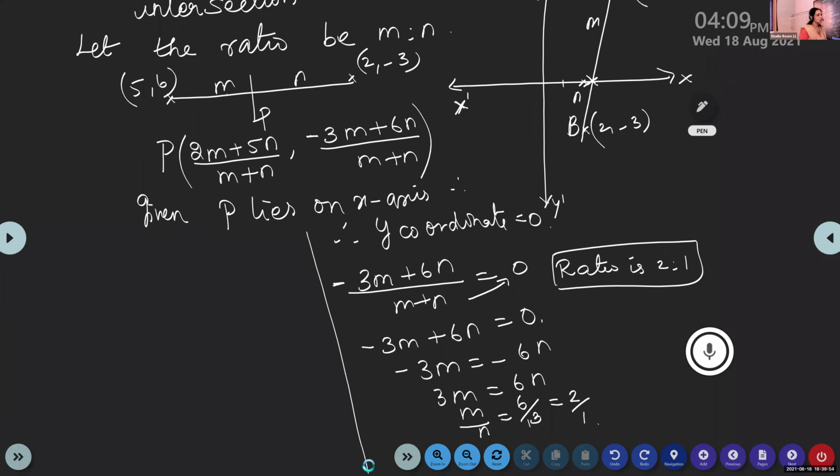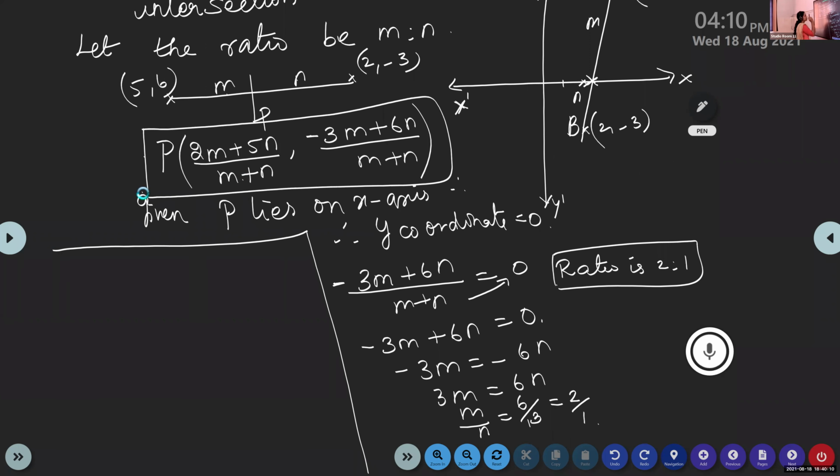The question is not over. After finding this ratio, one more part is asked. What is asked? You have to find the coordinates of the point P. So once again, you substitute in this point P. What is the ratio here?